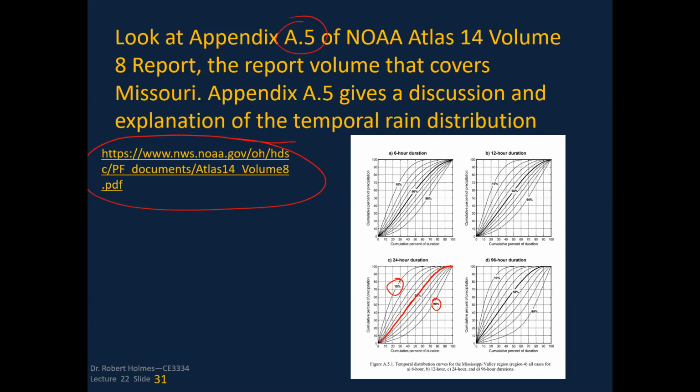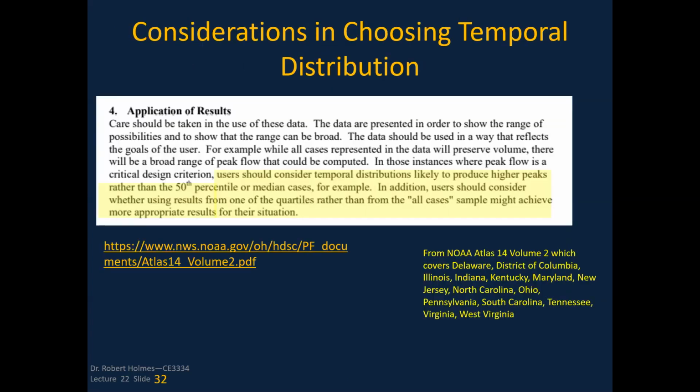If we're trying to design something and we look at the sensitivity of our model, how the rainfall falls in terms of time, we can see that this is going to be a totally different distribution in time of the rain than down here, down into 50%. This is just a capture out of volume 2, which covers the eastern part of the United States.